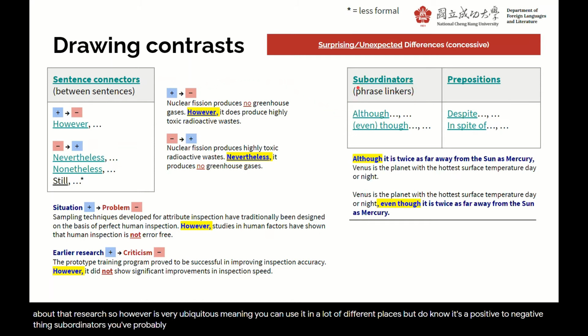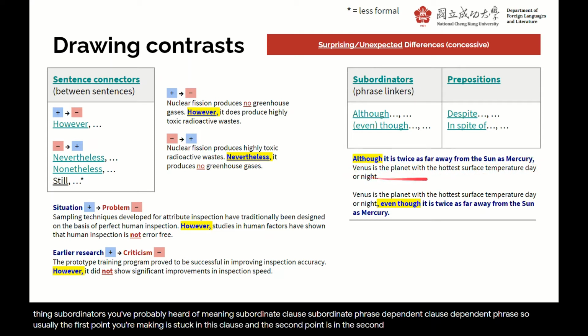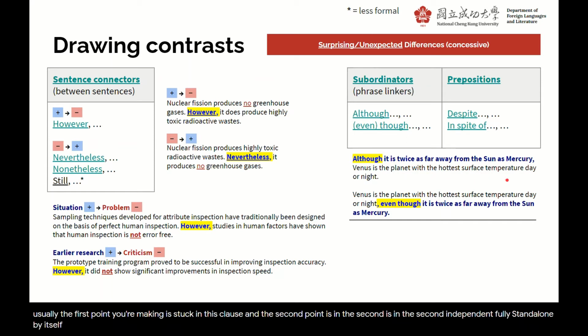Subordinators you've probably heard of, meaning subordinate clause, subordinate phrase, dependent clause, dependent phrase. So usually the first point you're making is stuck in this clause, and the second point is in the second independent, fully standalone phrase. So although point 1, comma, point 2, and you can actually switch it around too.